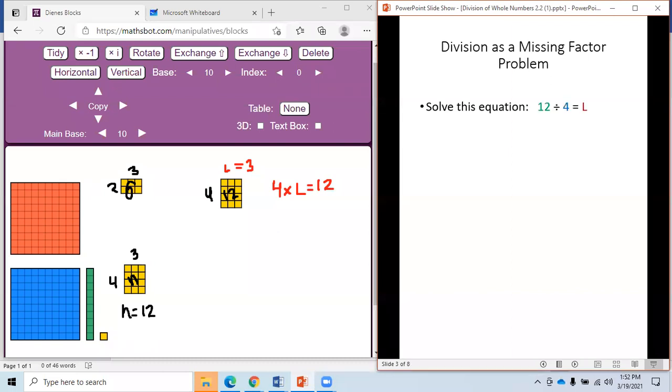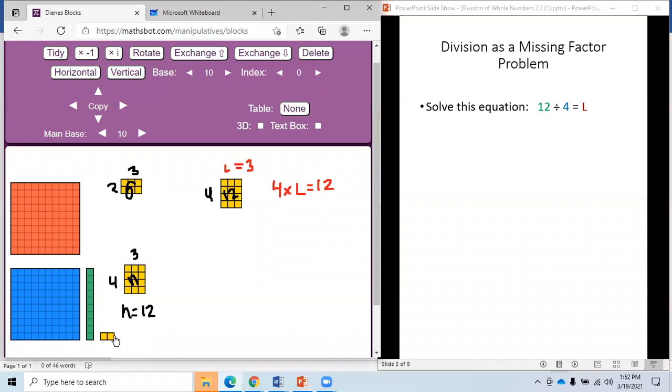Let's look at another problem. Let's have the equation 12 divided by 4 is equal to L. Well, I'm going to start with 12 blocks. And my divisor is 4. So I'm going to put them into 4 groups. So I'm going to create 4 rows that each have the same number of units in them.